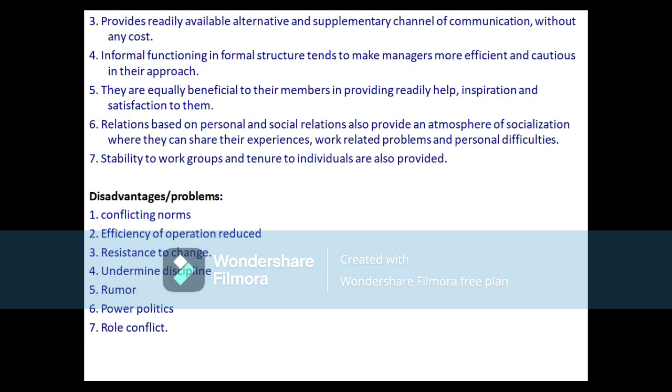Relations based on personal and social relations also provide an atmosphere of socialization where they can share their experiences, work related problems, and personal difficulties. Definitely in informal organizations, people of the group will share their experiences with other people, work related problems, personal problems, everything they can share within the group.